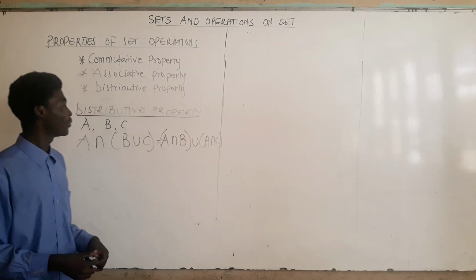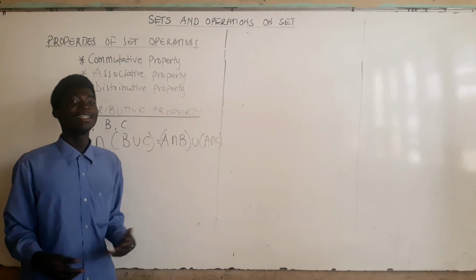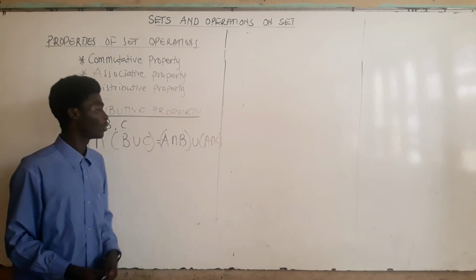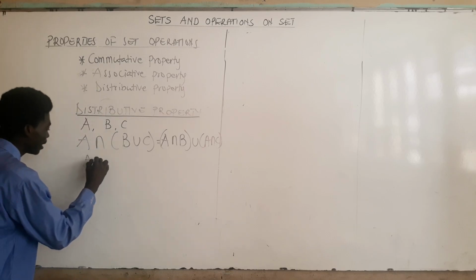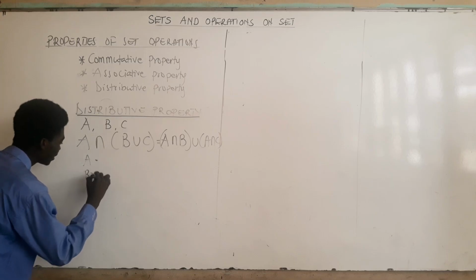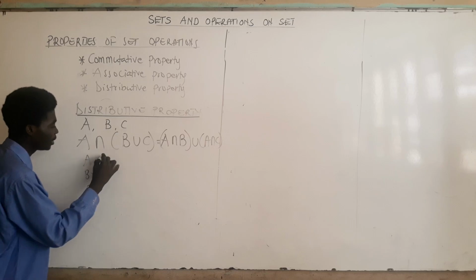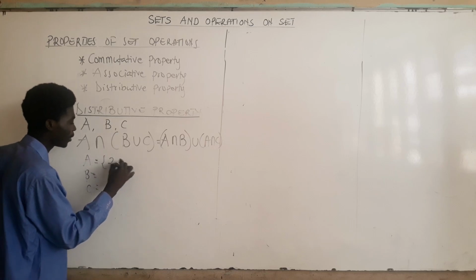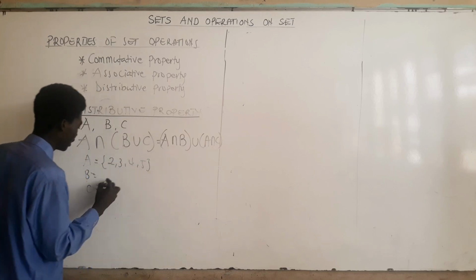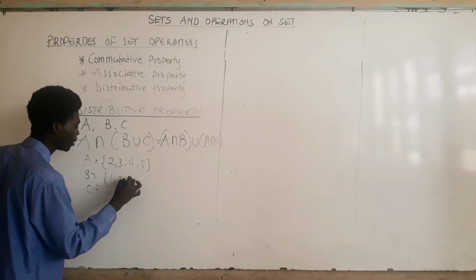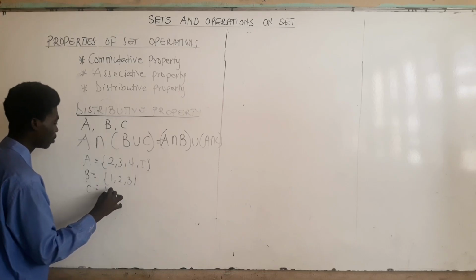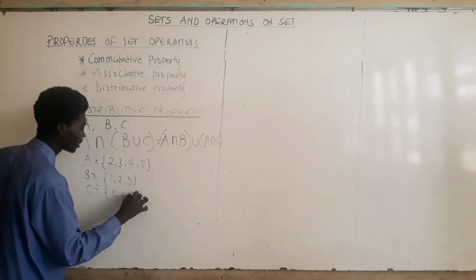Now let's prove this with an example. So we have set A, set B, and set C. Set A will contain 2, 3, 4, and 5. Set B will contain 1, 2, and 3. Set C will contain 5, 6, and 7.